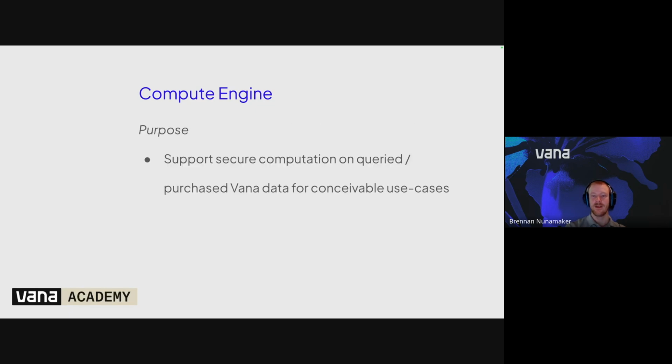This could mean anything from a very short-lived compute job where they are just reformatting the query results into a JSON that they want to output, which would take maybe a few seconds, or it could be something where they're training an AI model or running an inference server that runs essentially indefinitely or for a very long time. So we need to support secure computation for all of these use cases.